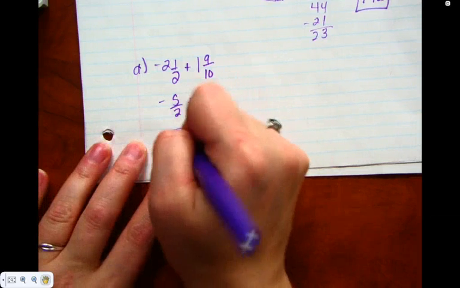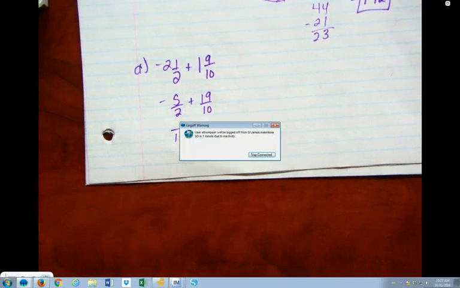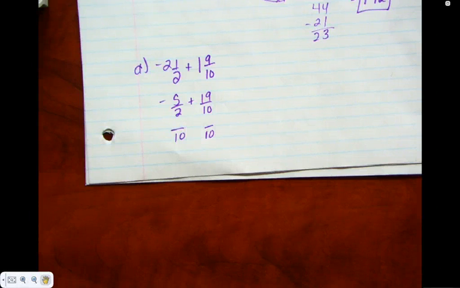Write down. Give everyone a chance. Common denominator between 2 and 10. Write down the new numerators. That's hard to say, new numerators.